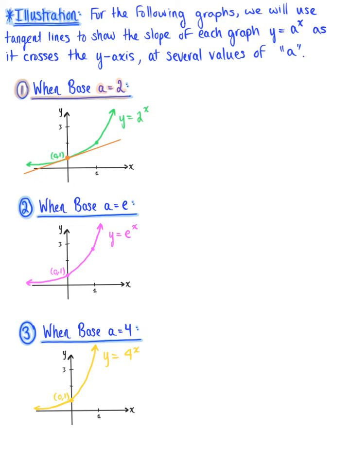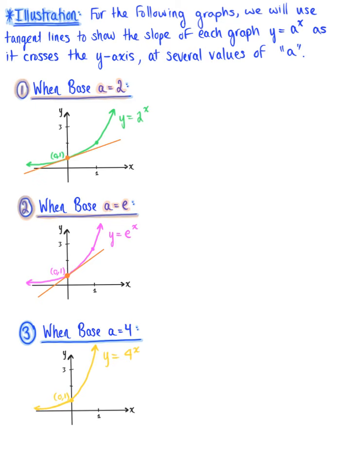Now in case 2, we are considering an exponential function of base e, so the natural exponential function. And again, our point of tangency is the point where this graph crosses the y-axis, so 0, 1. So sketching our tangent line so that this line just touches the graph at that single point.